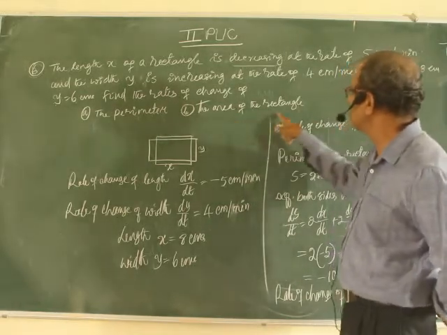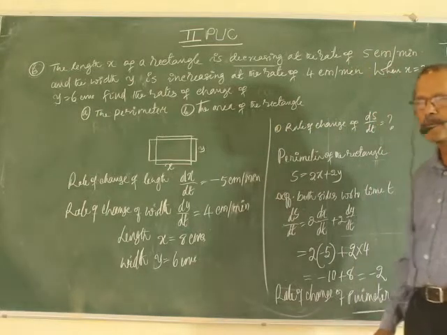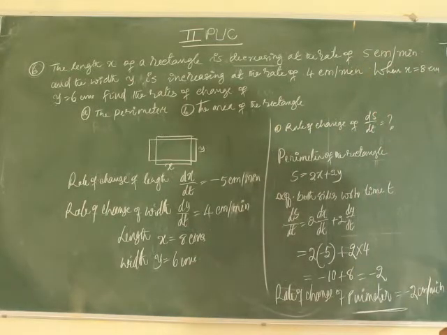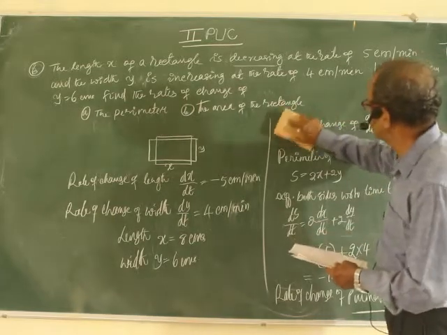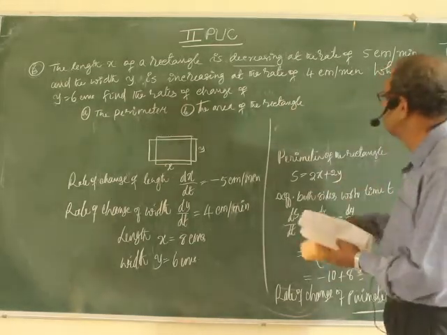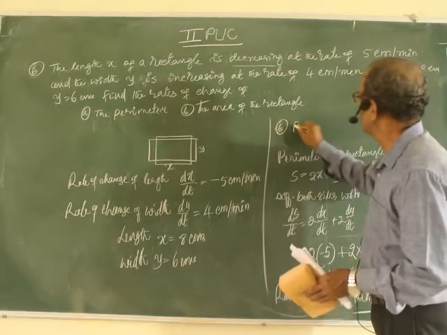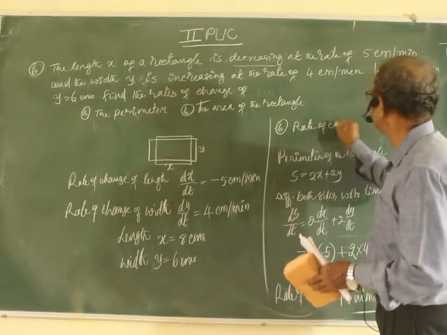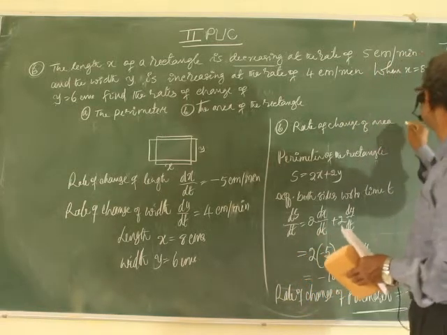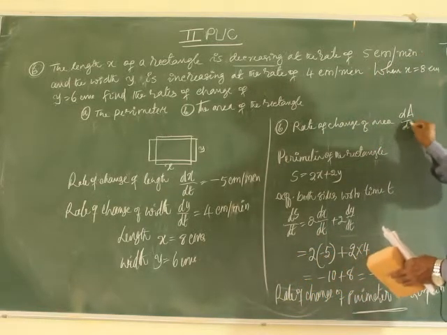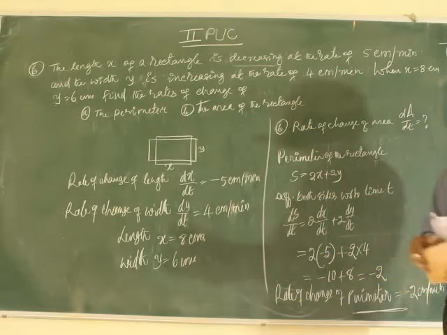What is the rate of change of area? Let me write here only. Instead of A, now it is B. B is rate of change of area, dA by dt. Second one, this one is a question.